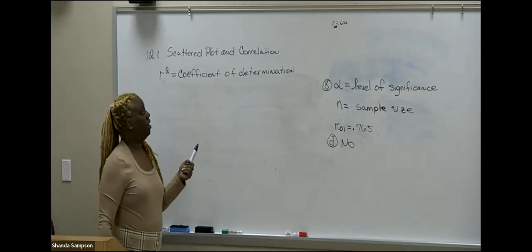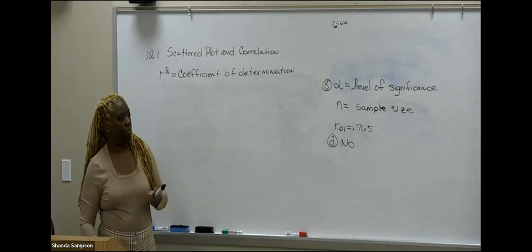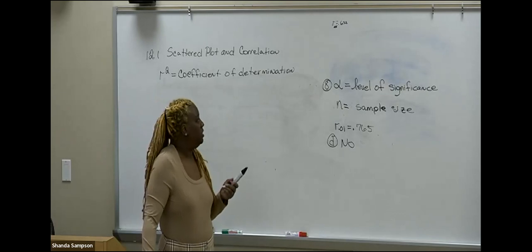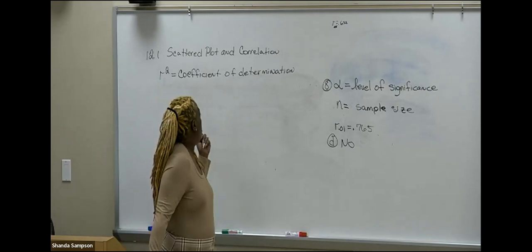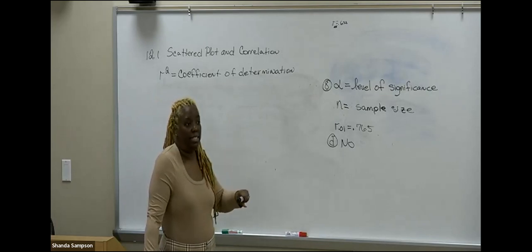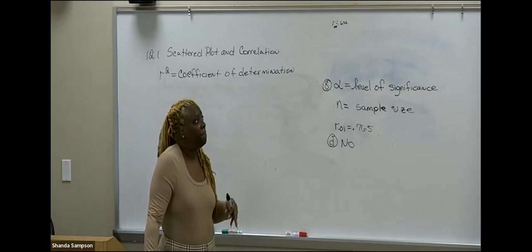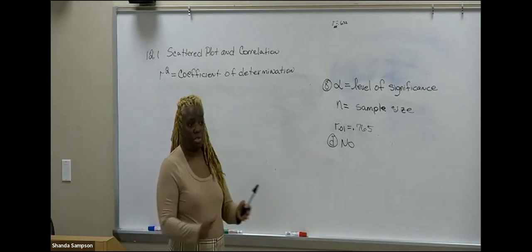So remember, r is talking about a linear relationship. That's what we said. r is our linear relationship, which we've already looked at. Now what the coefficient of determination tells us is how much. There are different things that can contribute to a relationship, to a total thing, right?